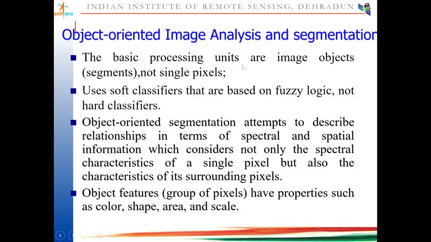So the basic processing units become image objects. That is why it is called object-oriented image analysis or object-based segmentation. Now object features are simply groups of pixels with similar characteristics or properties such as color, shape, area and scale. So these objects or groups of pixels will have similar properties based on any of these characteristics.